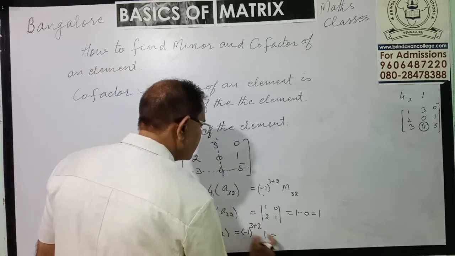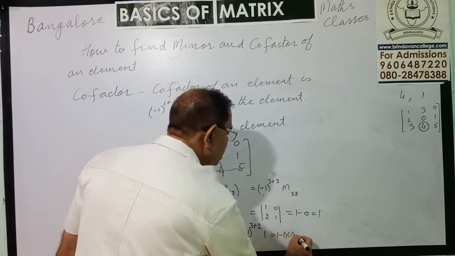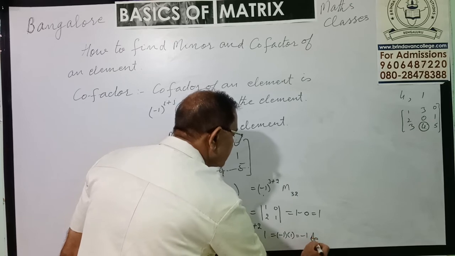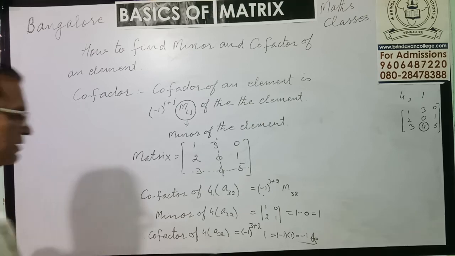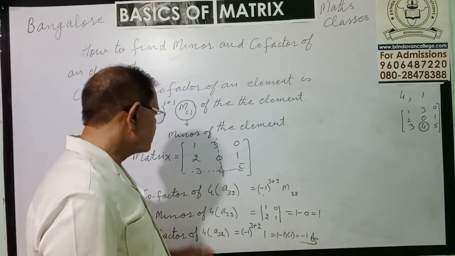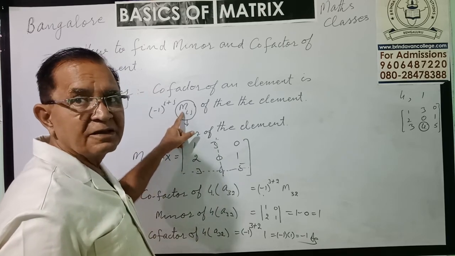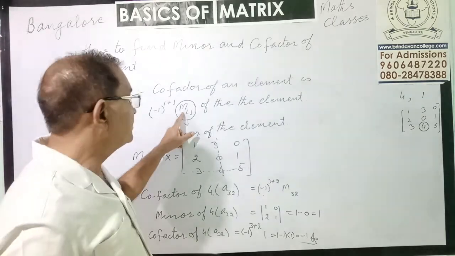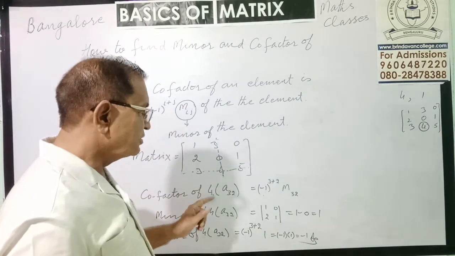Thus minus 1 power 5 means minus, into 1, which will come to be minus 1. Like that we can find the cofactor. To find the cofactor, first we have to find the minor. The minor of an element is denoted by M, and the cofactor is denoted by A.